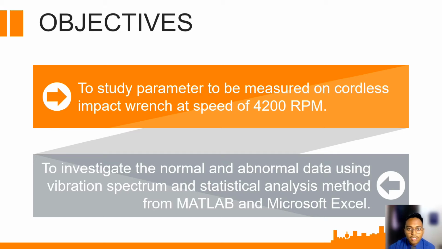The second one is to investigate the normal and abnormal data using vibration spectrum and statistical analysis method from MATLAB and Microsoft Excel. Meaning here, to investigate the no-faulty condition and faulty condition of the cordless impact wrench by using vibration spectrum and statistical analysis method from MATLAB and Microsoft Excel.